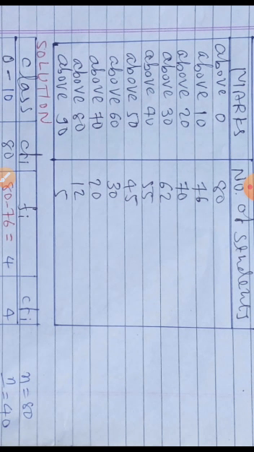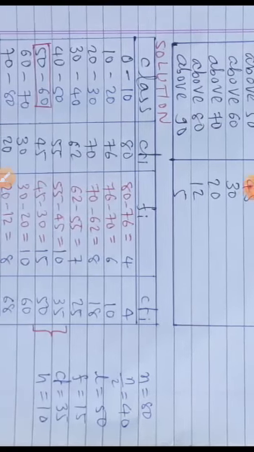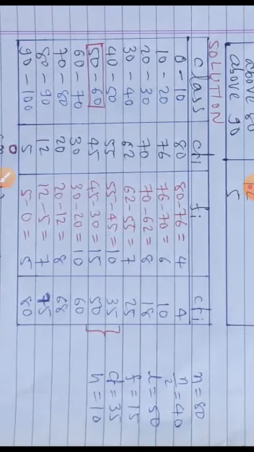So here 0, 10, 20 up to 90, all numbers are written as lower boundary on the left side. The right side is automatically prepared. If the second class starts from 10, then the first class must finish at 10. If the third starts from 20, then the second finishes at 20 only. So you can easily write it, and the column is prepared this way.